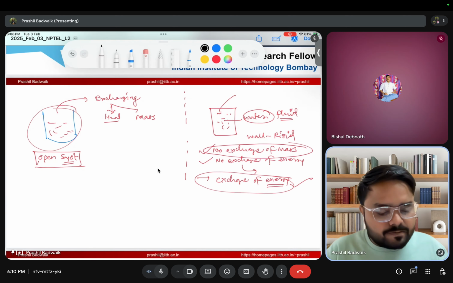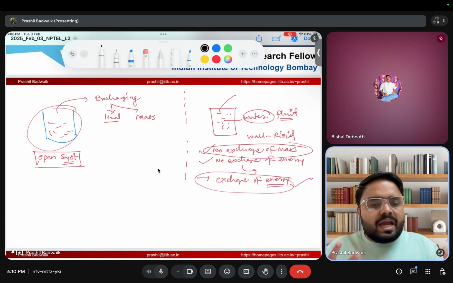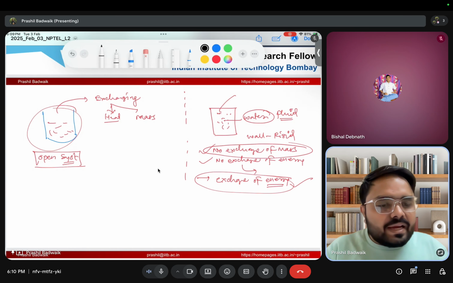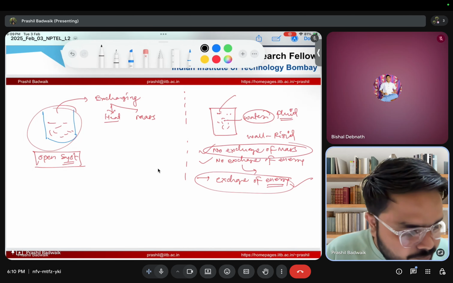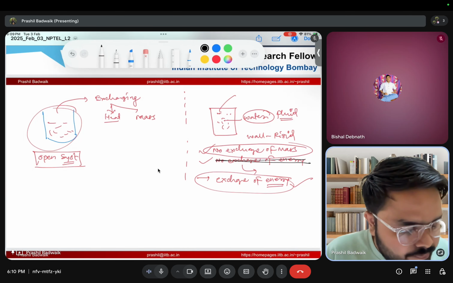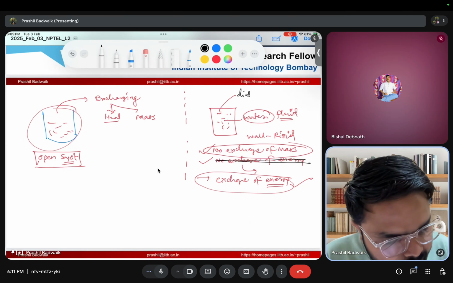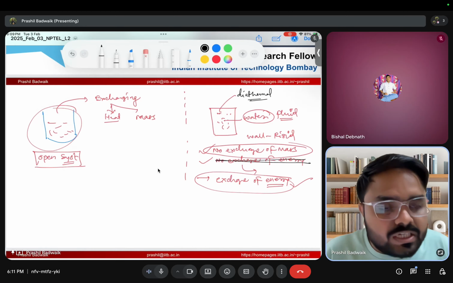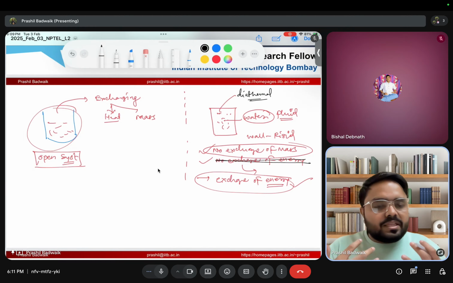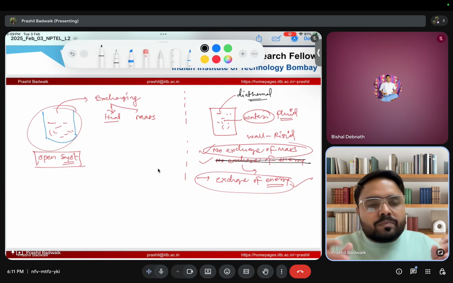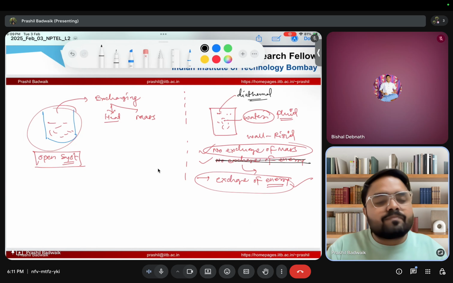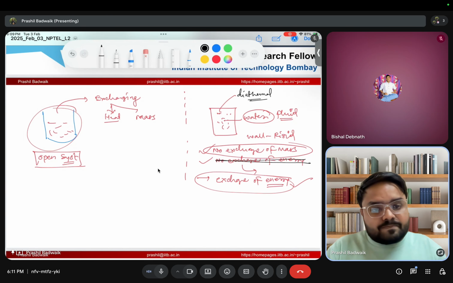Depending on the wall we can define multiple systems, right? So I'm removing this, I'm just saying, okay, the wall is diathermal, which is exchanging the energy with the surrounding, but it is not porous, right? This is not allowing molecules to go out, and that's why there is no exchange of mass.